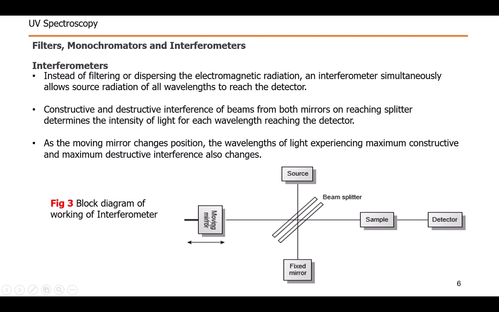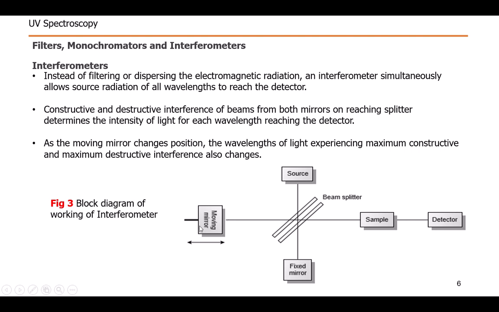Then after reflecting from the mirrors, these radiations will again be collected at the beam splitter. After this collection, they will be reflected towards the sample, fall on the sample and reach the detector.